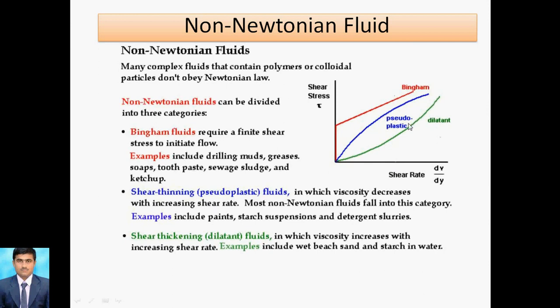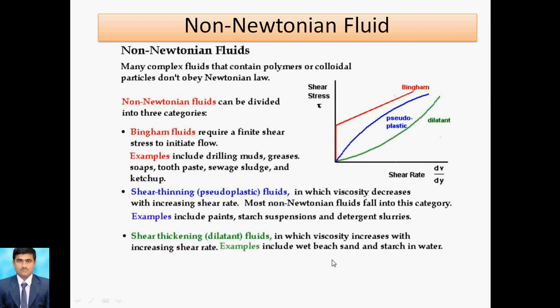So this is the example of pseudoplastic. So it is non-linear. Non-linear means there is no direct relation between shear stress and shear strain, only inversely. That is nothing but shear thinning or pseudoplastic.